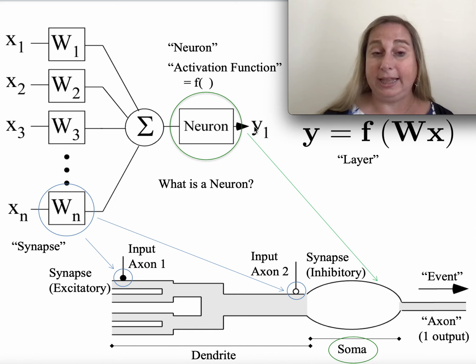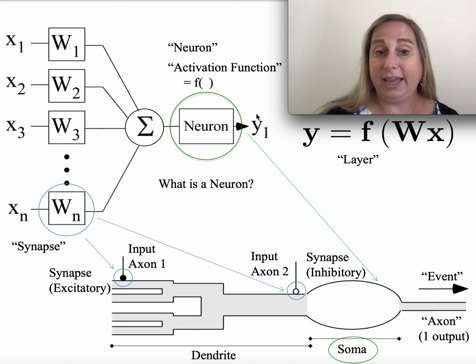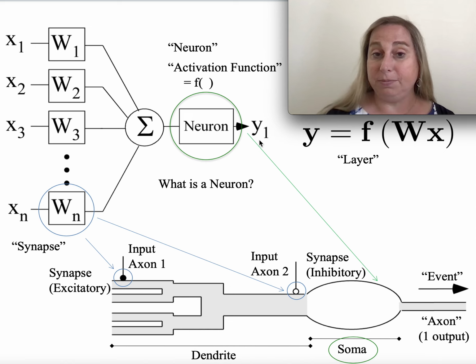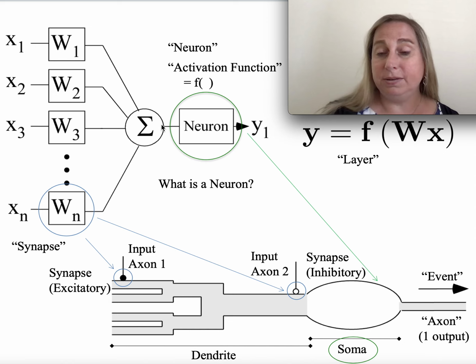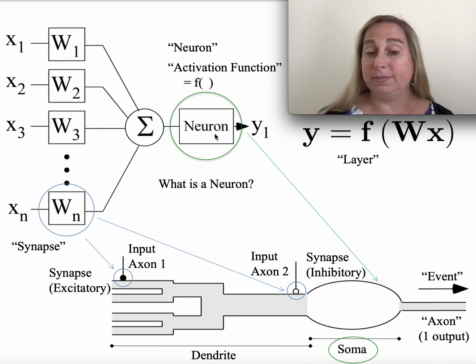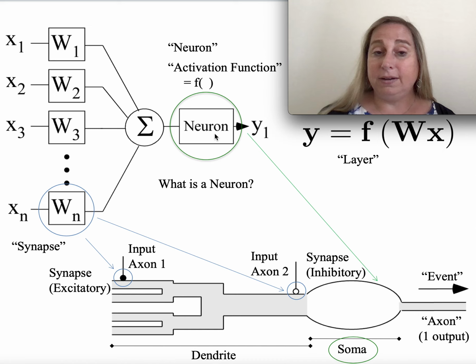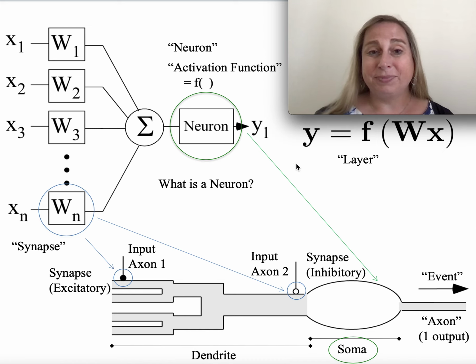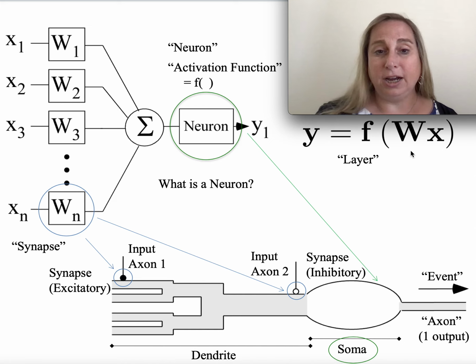Now it can also be a layer if I have a whole vector of y's on the output, but it's still going to be point to point. So if there were vector outputs, they're going to be point to point outputs, and you talk about that as a layer. That's what my neuron looks like.